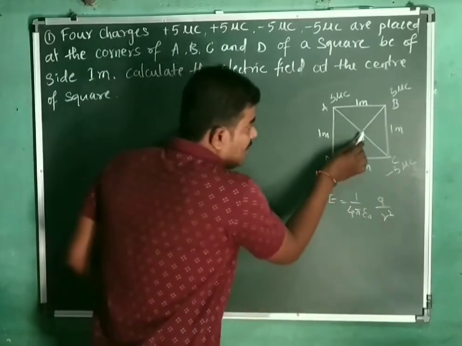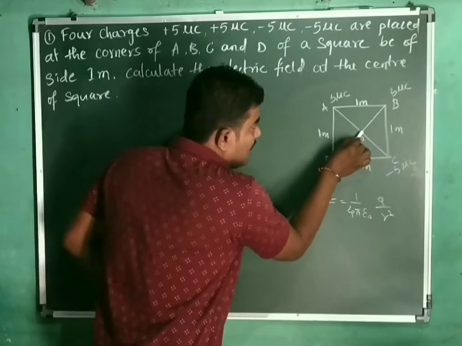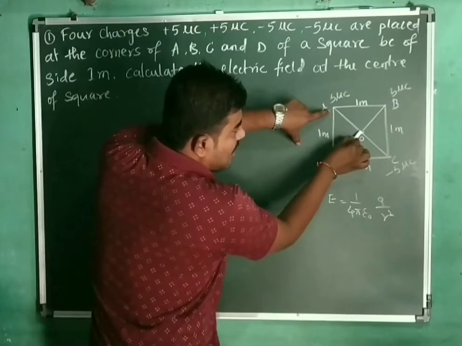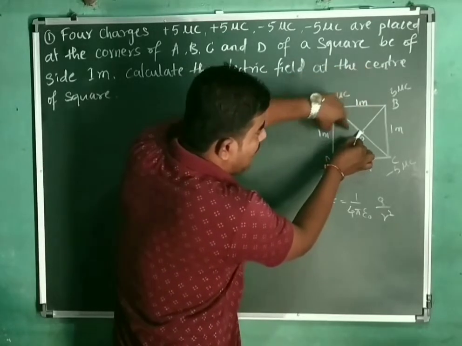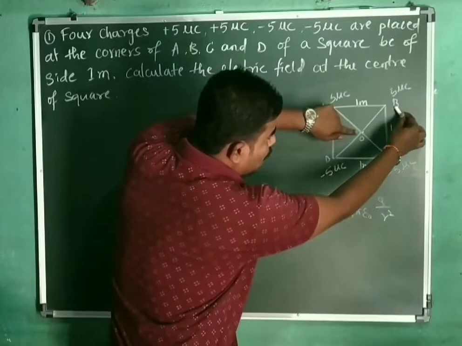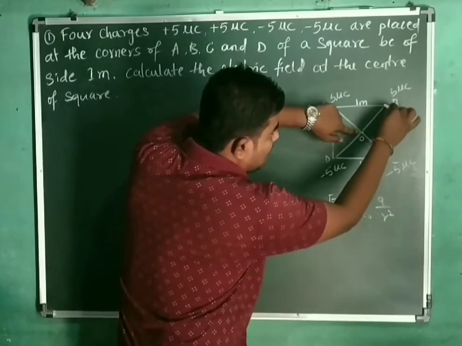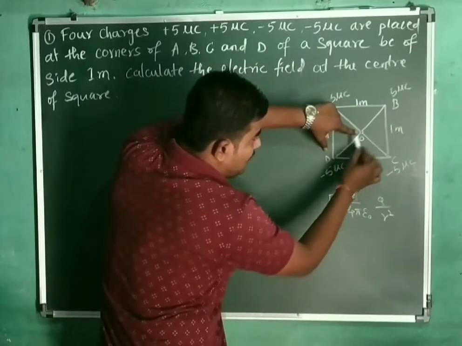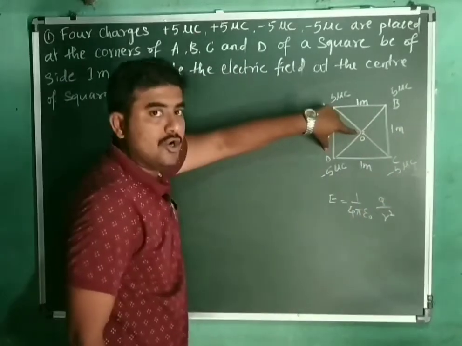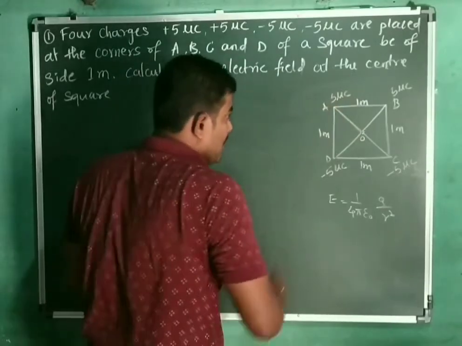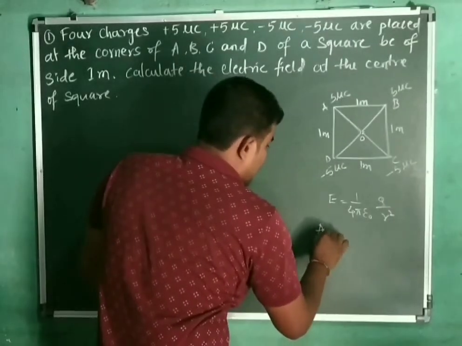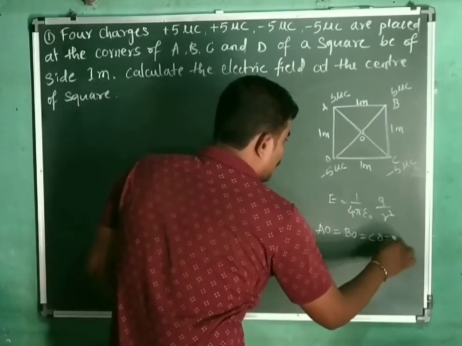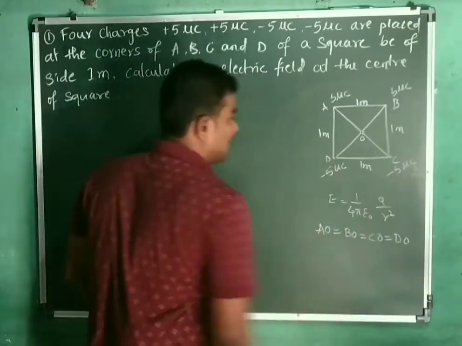It means if we want to calculate electric field at this point due to a charge, we are supposed to know this distance. If we want to calculate electric field at this point O due to this 5 microcoulomb charge, then we are supposed to know this BO distance. Similarly CO distance, DO distance, all the distances we are supposed to know. Understood? Remember, since it is a square, AO is equal to BO is equal to CO is equal to DO. All the distances are the same.